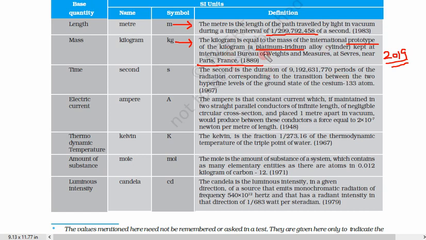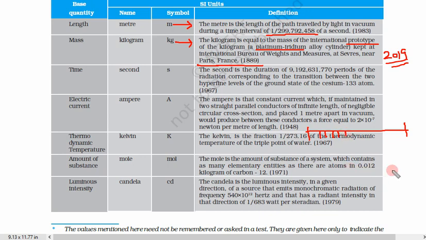We will discuss another definition. Since this cylinder is destructible, if there is an earthquake or some kind of natural calamity, it will be destroyed. So we need some standard which is universal. Now we know 1 meter, and once we know 1 meter, we can divide it into smaller parts.